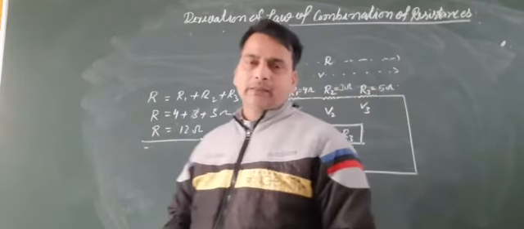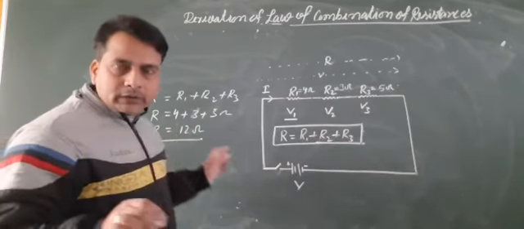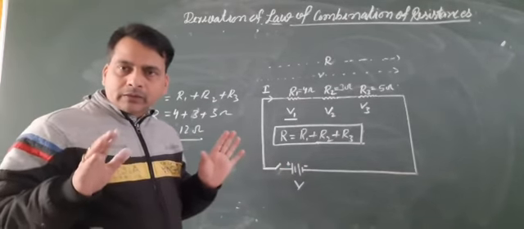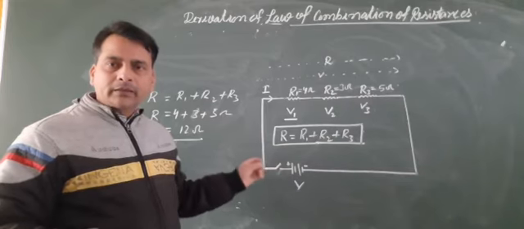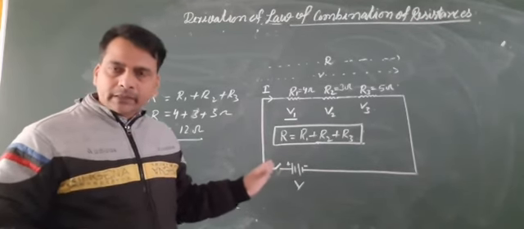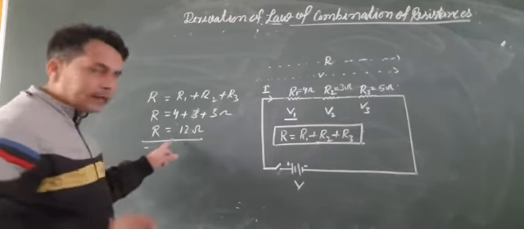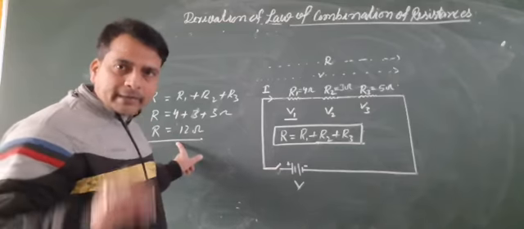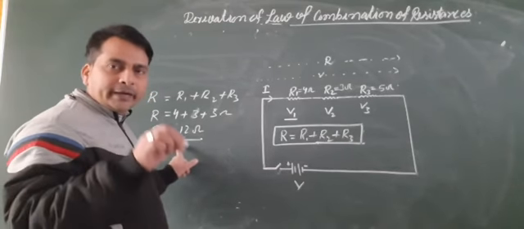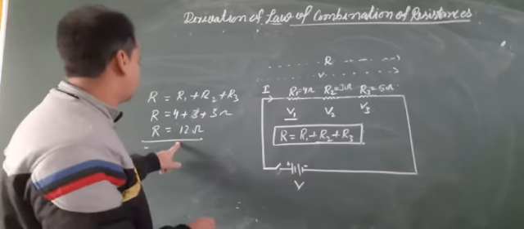It is clear that if the resistors in the circuit are in series combination, the net or equivalent resistance is greater than all the individual resistors used in any circuit.